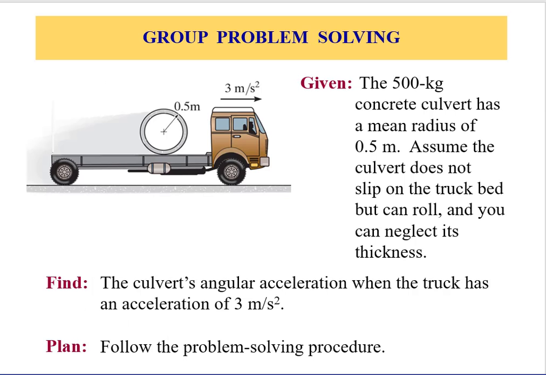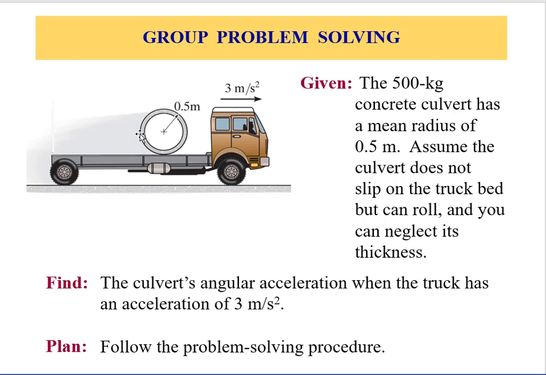Let's take this final group problem solving. I'll try to explain it without going into details, and I'll leave that to you to practice at home. This is a 500 kilogram culvert that has a radius of 0.5. Assume that the culvert does not slip on the truck bed, but it can roll. And assume that the thickness of this culvert is ignored.